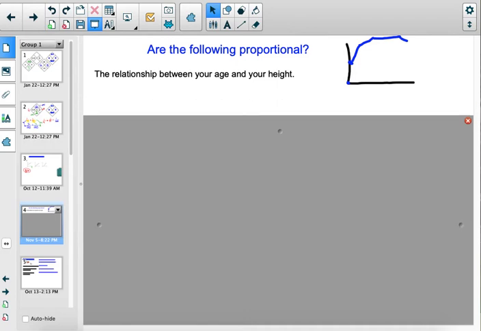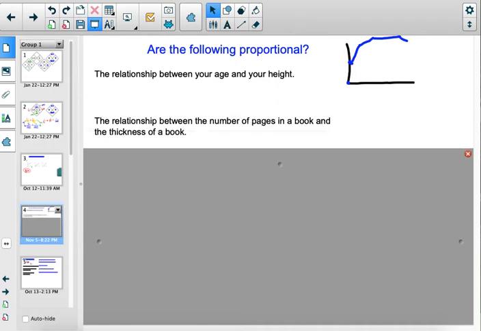All right, next one. What about the thickness of a book and how many pages are in a book? Is that proportional? Don't say it out loud. Talk to me with your boards right now. I disagree.